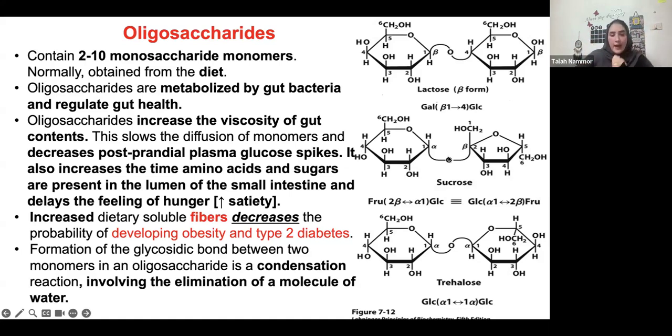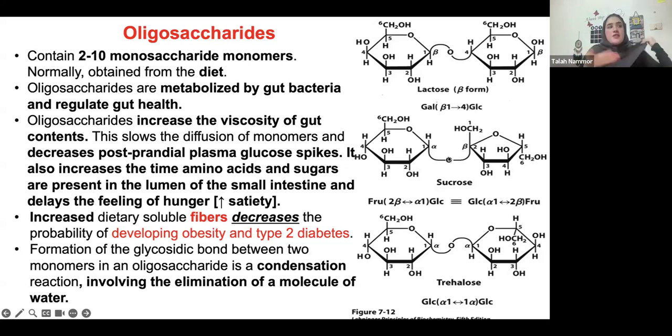We won't only have sugars, we will have a bunch of things. So when the gut bacteria break down and metabolize oligosaccharides, they increase the viscosity of all of the contents in the gut.